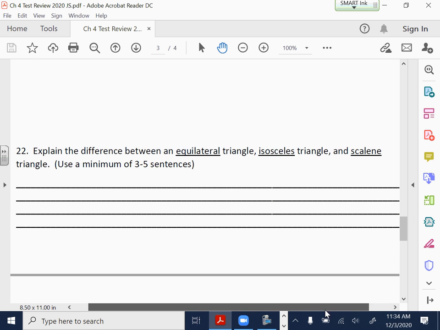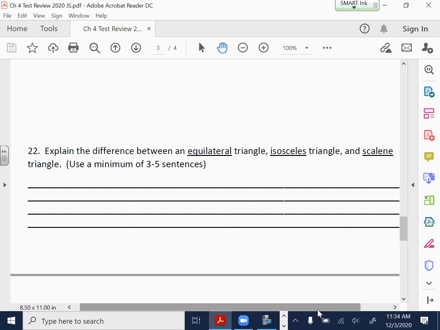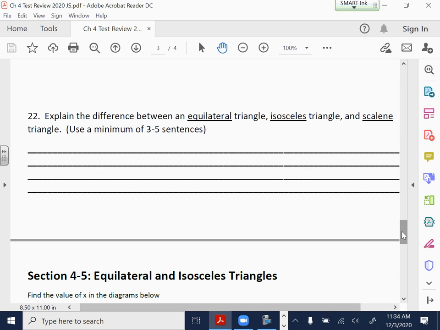Then this last thing, I didn't really talk about this very much, but it's very self-explanatory, or I guess I should say it isn't difficult. You should be able to either Google it, or once you see it, you should know. Equilateral triangles means that every side is the same. Every side is congruent. Also, every angle is congruent, for what it's worth.